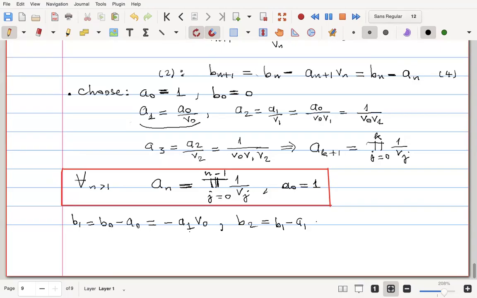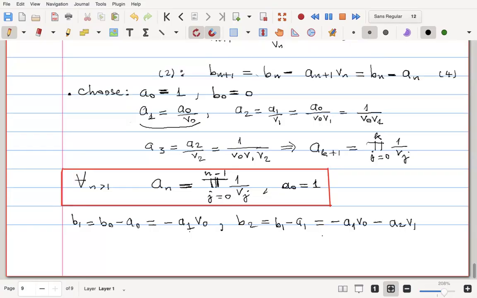So that will be equal to negative a_1 v_0 minus a_2 v_1, and you see the pattern is coming now.